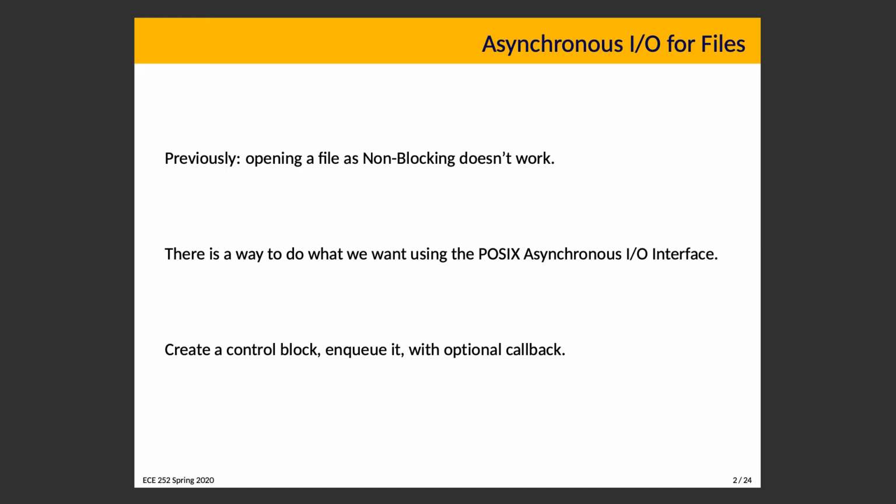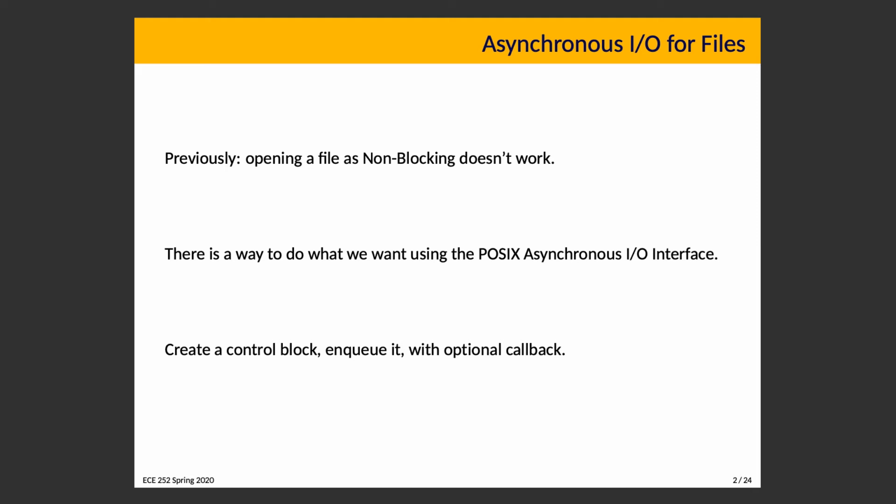The control block is a struct aiocb, CB for control block, that specifies what you want to happen. Then you enqueue it, that is, you tell the operating system that you want this to happen, do this thing, please. And when you are handing it over to the operating system, you have the option to specify that you would like a callback to occur if you wish.